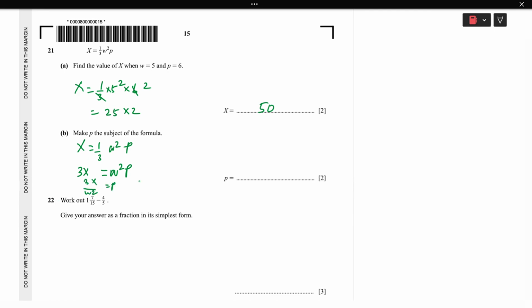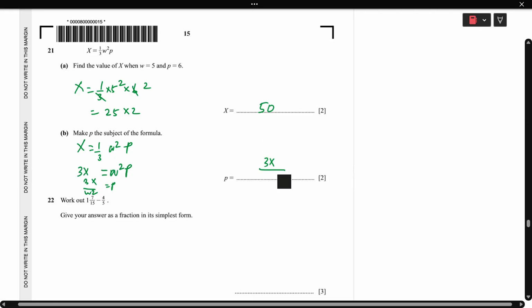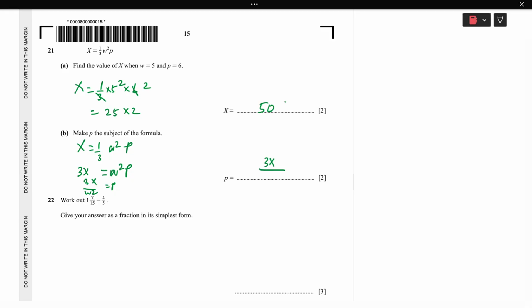The answer is p equal to 3x over w square. I just wrote w2, so that's wrong. We should write w square properly, and also a small w, we cannot put capital ones. So I'll remove that.